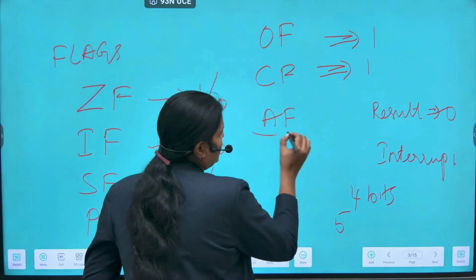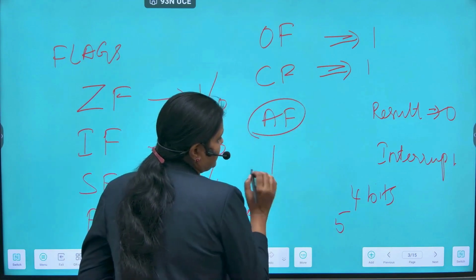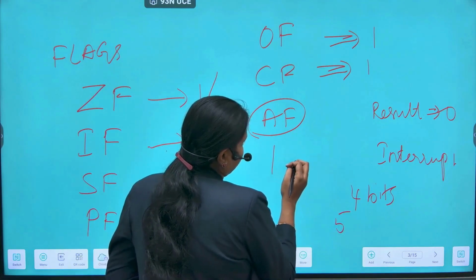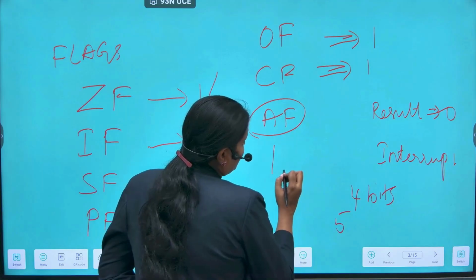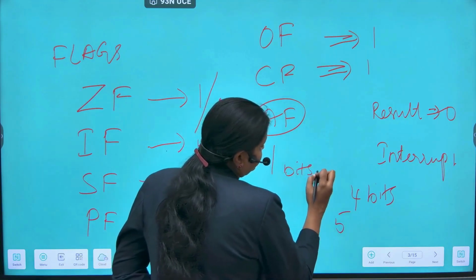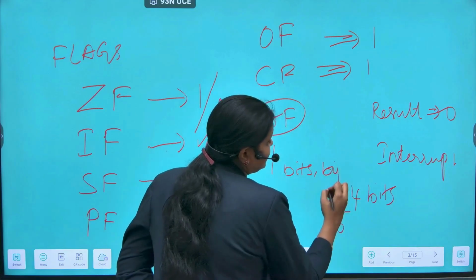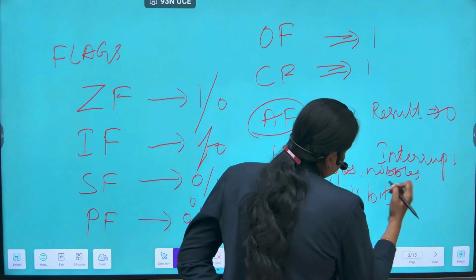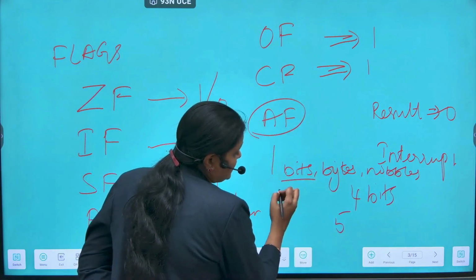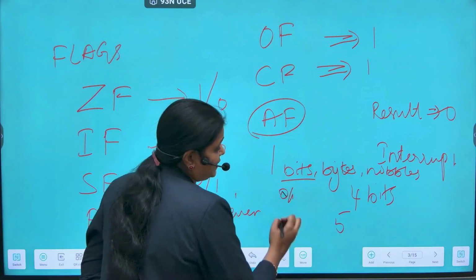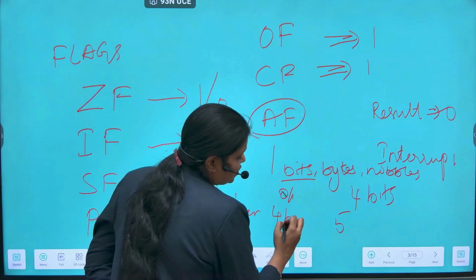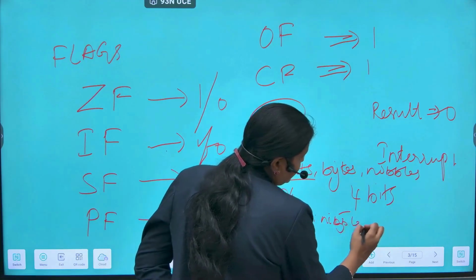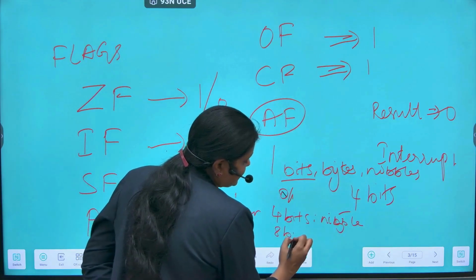before talking about the auxiliary flag, let us talk about the concept of bits, bytes and nibbles. Either 0 or 1 is called a bit, 4 bits is called a nibble, and 8 bits is called a byte.